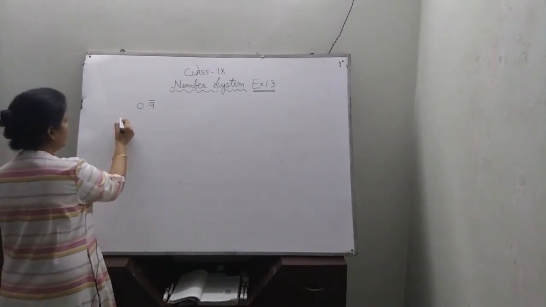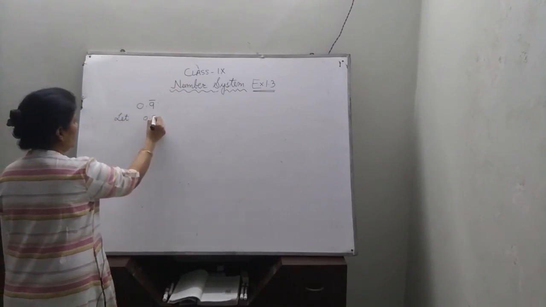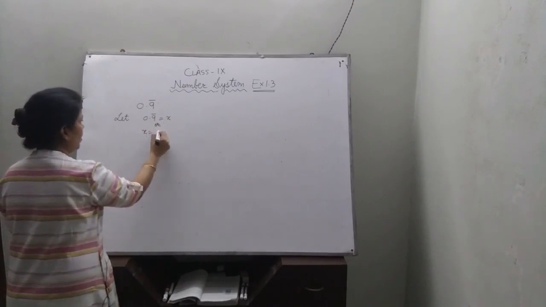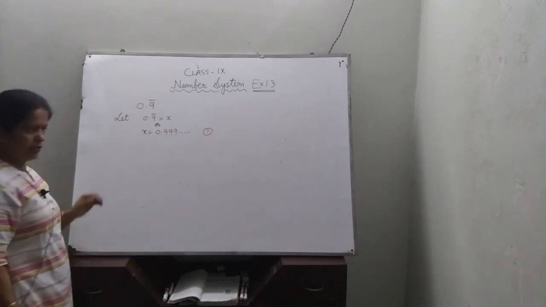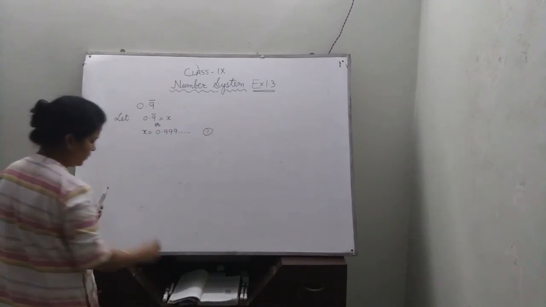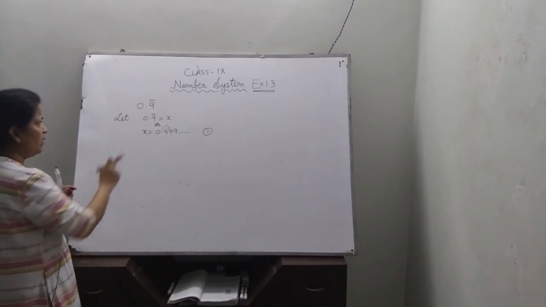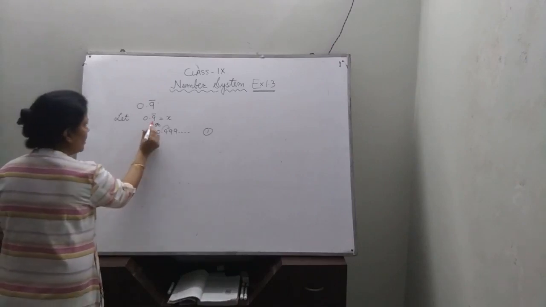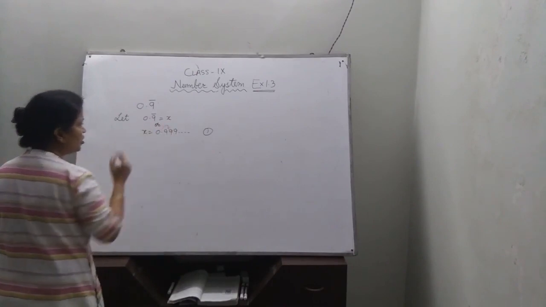Since it is reoccurring, it can be converted in the form of a rational. So let's see the method. Let 0.9 bar equal x, or we can write x equal 0.999 and so on. This is the first equation. अब हमें क्या करना है, इस डेसिमल को हमें शिफ्ट करना है उस डिजिट पर जहां जो डिजिट्स रीअकर हो रही हैं. तो हमें ये एक डिजिट रीअकर हो रही है, तो इस डेसिमल को एक डिजिट के बाद शिफ्ट करना है.